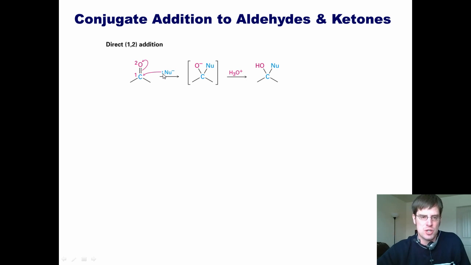This type of addition of a nucleophile into a carbonyl is called direct addition or 1,2 addition. The reason is because we begin counting at the carbonyl carbon up to the oxygen. 1, 2. The nucleophile comes in at the 1 position and kicks the electrons up into the 2 position. So we call it direct or 1,2 addition.